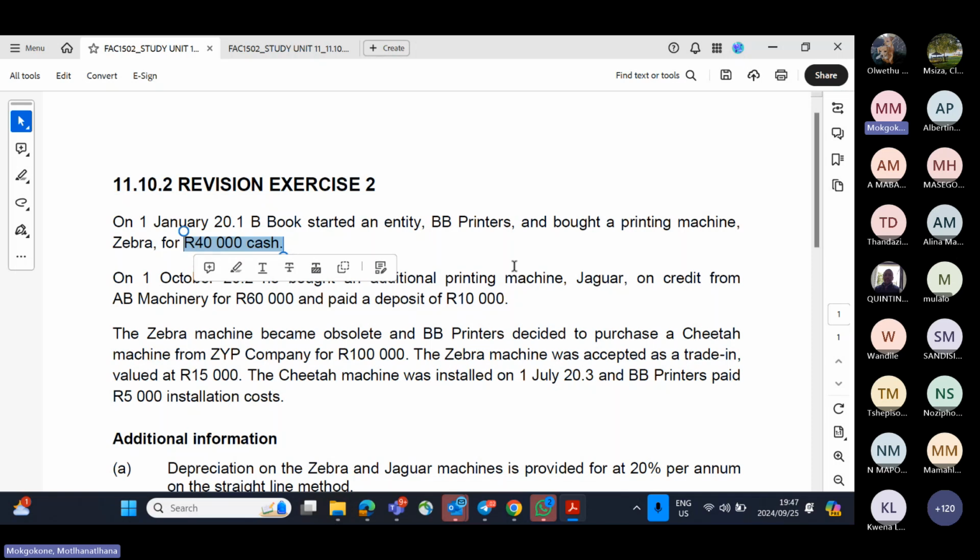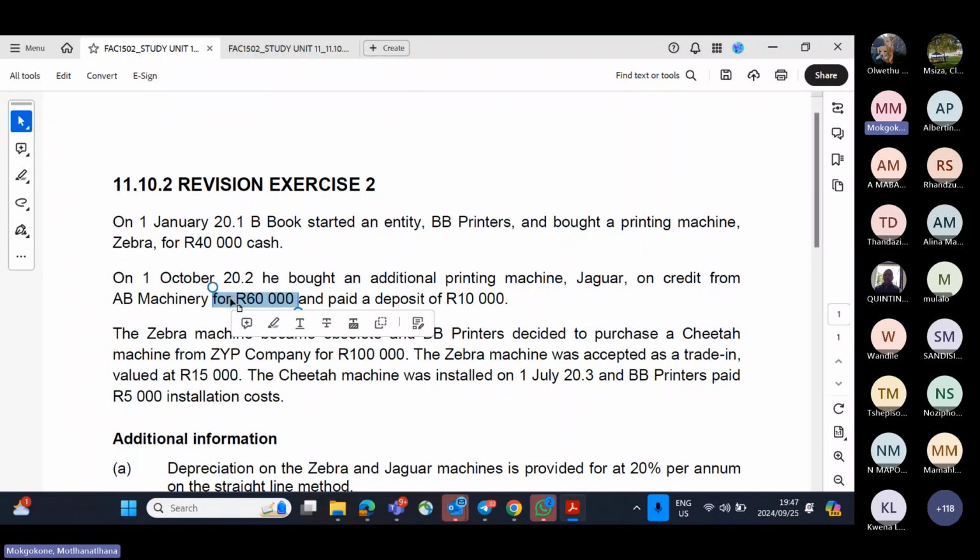And there's also this machine again bought on 1st of October for 40,000. If you add both 40,000 and 60,000, because they are closing balances from previous years, they will give you the opening balance for the current financial period.